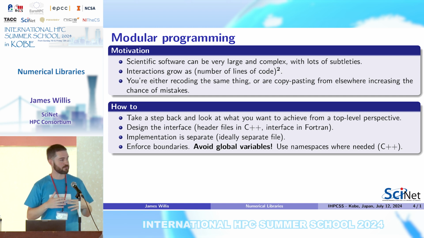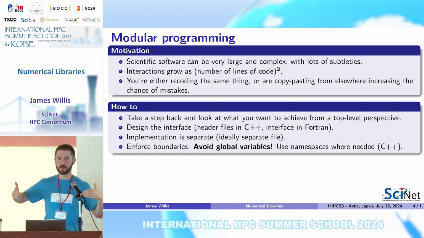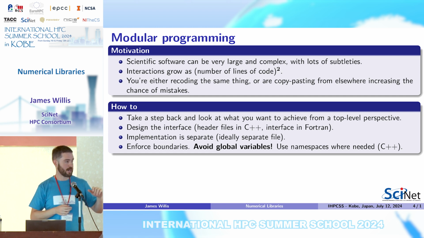And then you want to have the source files in a separate file. What this does is it enforces boundaries between files, and it makes it much easier to prevent bugs in the future.